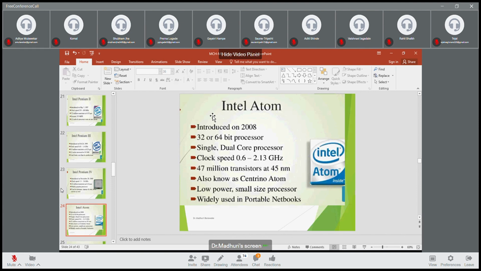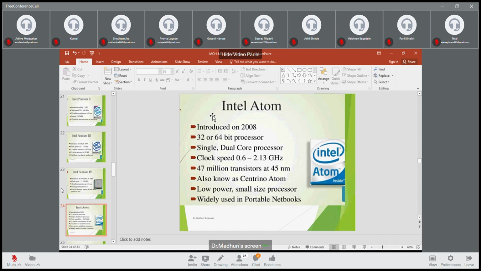Yes, very good. This is generally used for mobile. It has a 64-bit processor and a dual core processor, with a speed of 0.6 to 2.13 gigahertz. It's not a joke, guys.